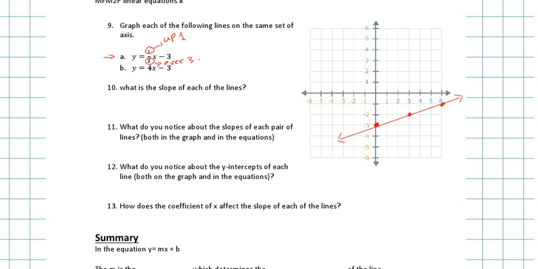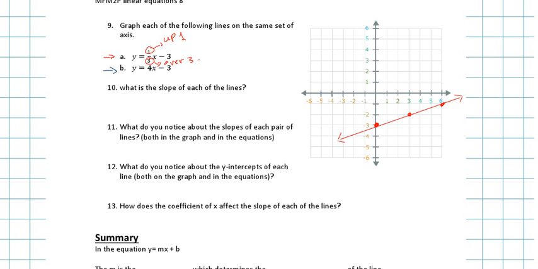Indicating my lines with different colors. If you don't have different colors, you probably want to write the equation of the line next to the line. I'm putting red for the first one and indicating it with a red arrow. I'm putting blue for the second and indicating it with blue. If you don't have colors, put the equation of the line next to it.